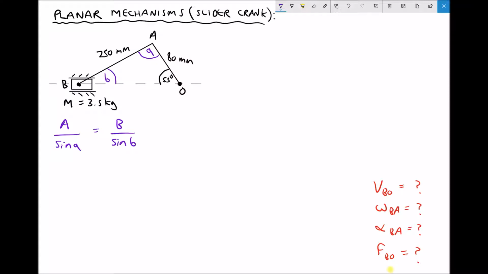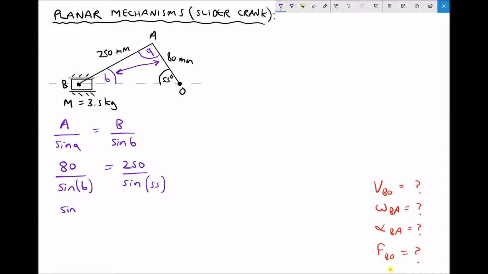So let's rewrite that and make it specific to our geometry. We have an 80 millimeter linkage opposite angle B. Therefore, we can write 80 for the length of the linkage over sine B, and it's B that we're trying to find, equals 250, which is the second linkage, AB, and the angle opposite AB is 55 degrees. Now because I want to find the angle B, the first thing I'm going to do here is take the reciprocal of each side.